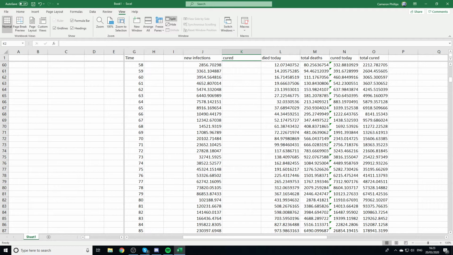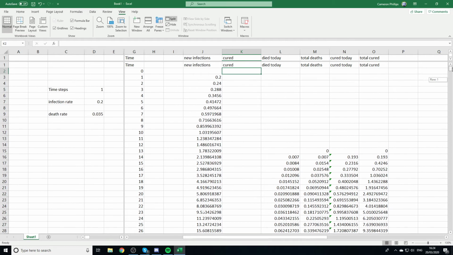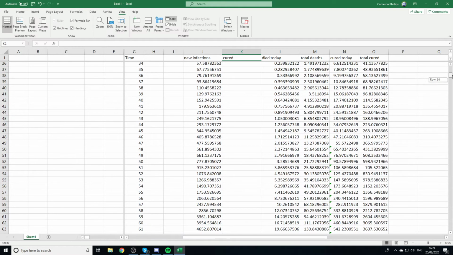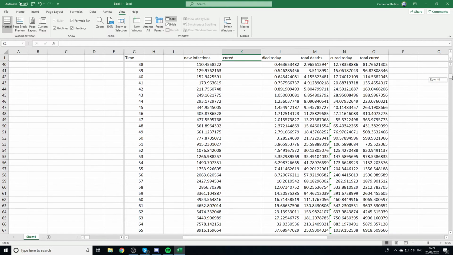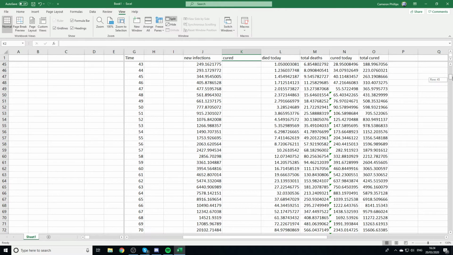In fact, there's a lag, isn't there? Because you're starting to get people who are better. But even so, by day 85, you've got 6,000 deaths in total, and 93 people who died today. Your new infections are at 230,000 a day. So it just delays it slightly, but it's still a crazy situation.